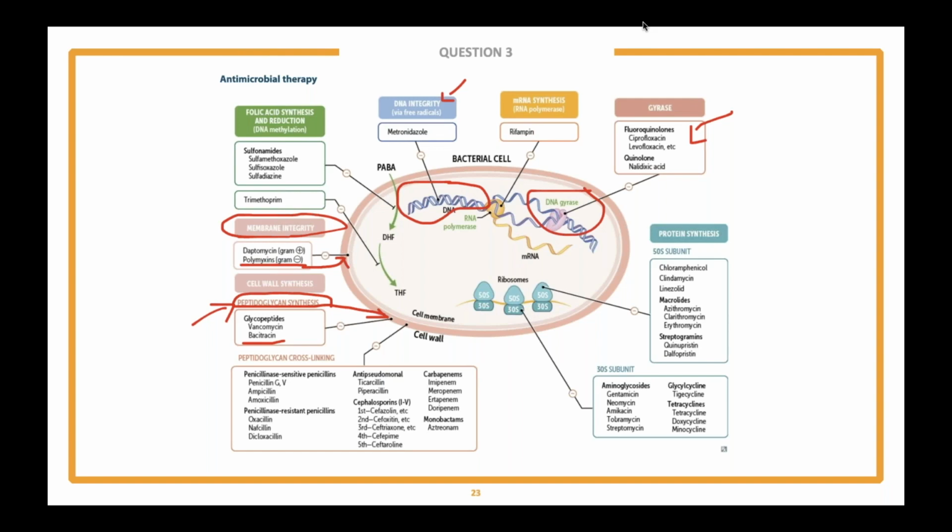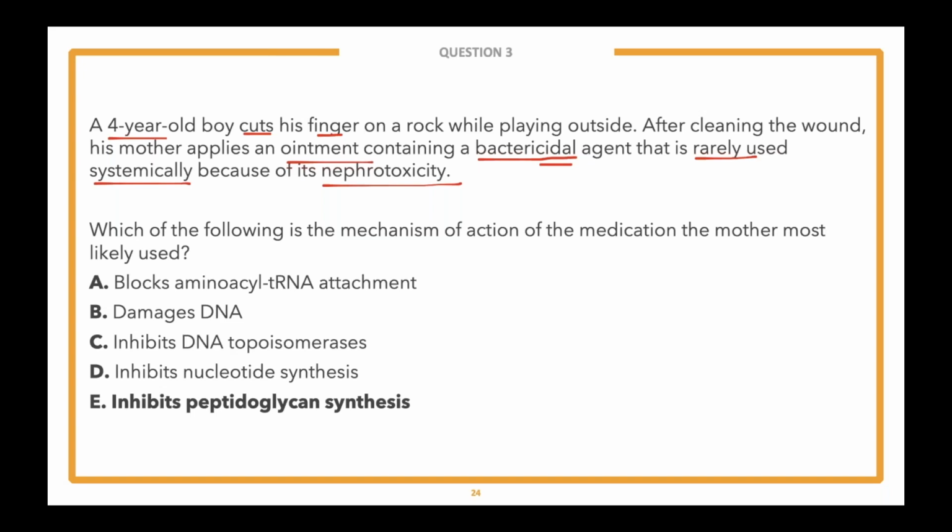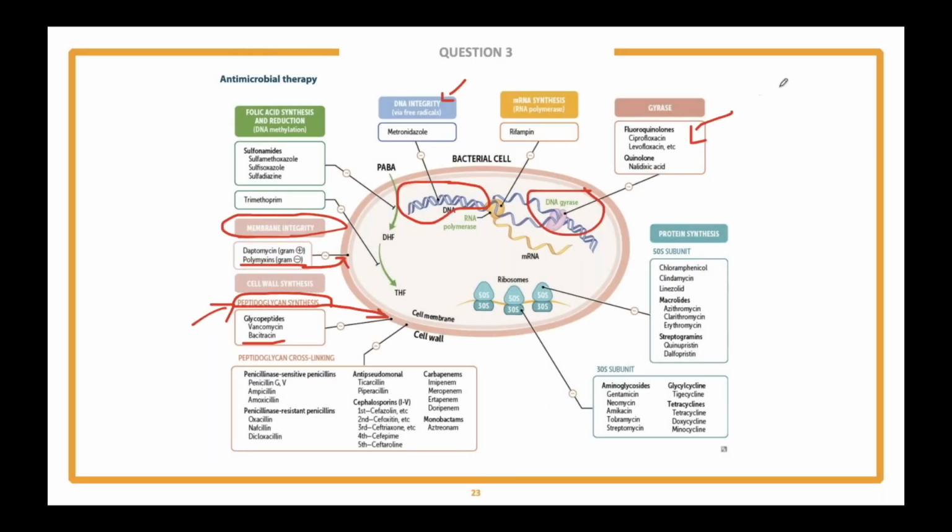All right, and then finally we have answer choice A, blocks aminoacyl tRNA attachment, and this one was certainly a tricky distractor. This is describing one of our classes of 30S inhibitors, one of the classes of antibiotics that blocks the small subunit.